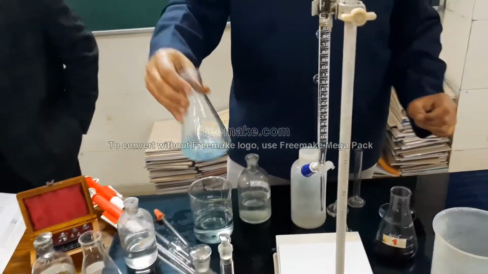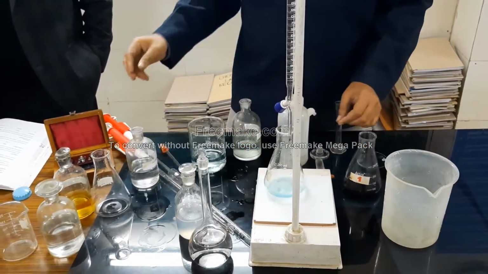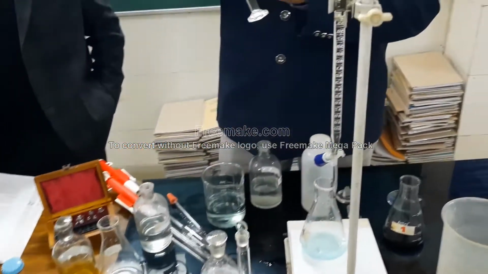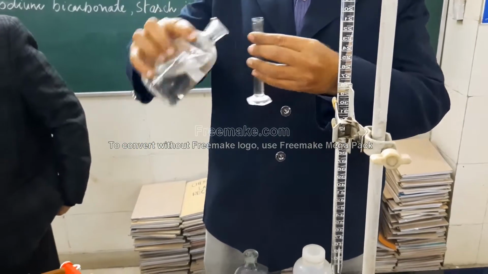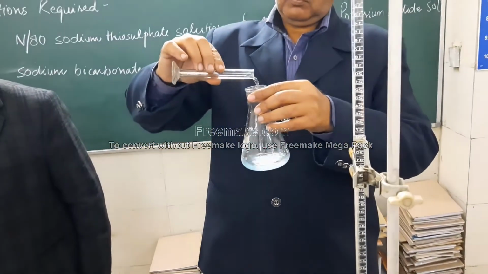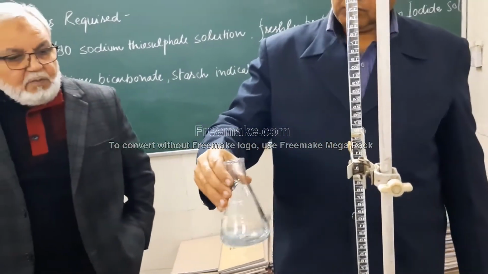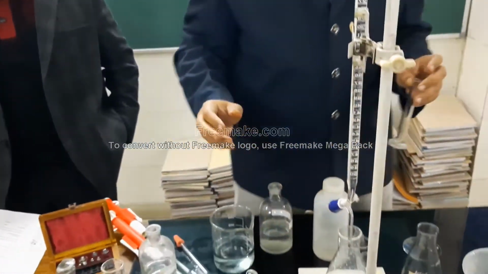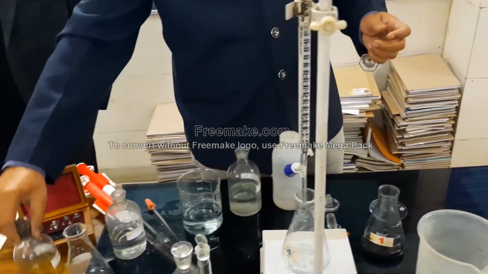Now add 5 ml of glacial acetic acid into it to remove turbidity, followed by adding 5 ml of potassium iodide solution.